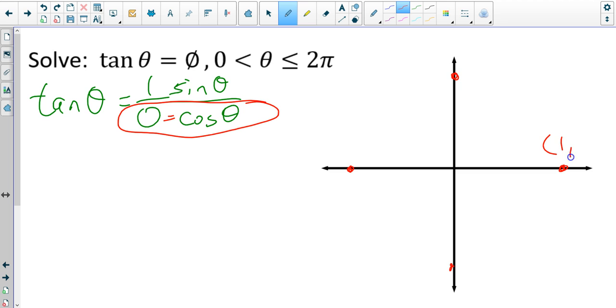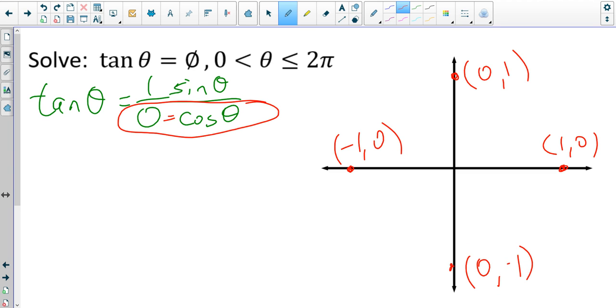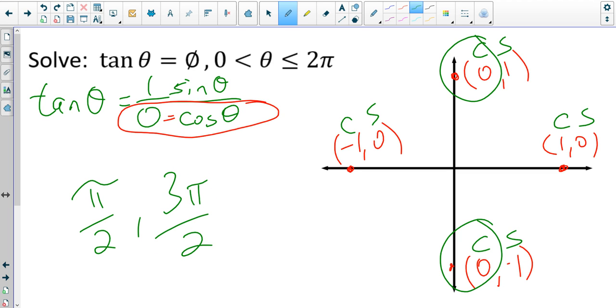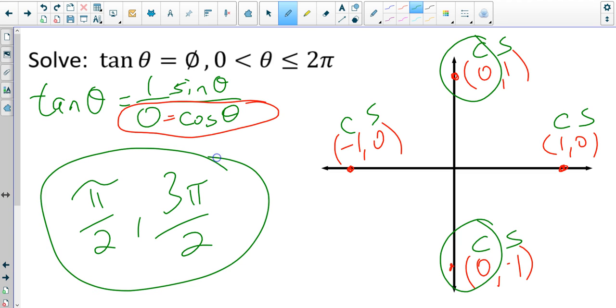Remember, this is the point (1, 0), (0, 1), (-1, 0), and (0, -1), and every point on here is (cosine, sine). So I have 2 points where the cosine is equal to 0, and that is at pi over 2 and at 3 pi over 2, since it asked for it in radian measurement.